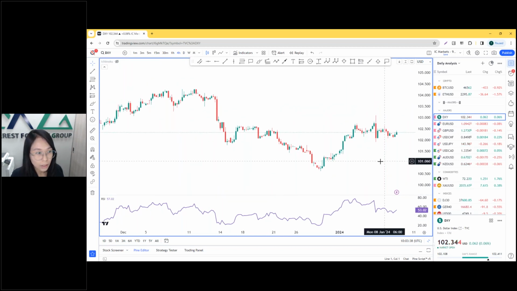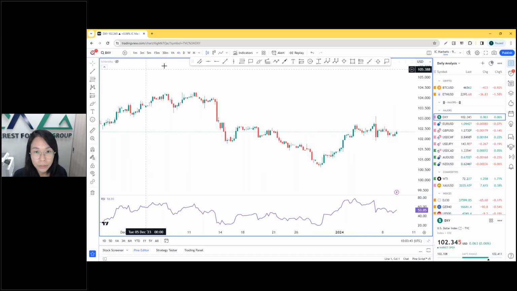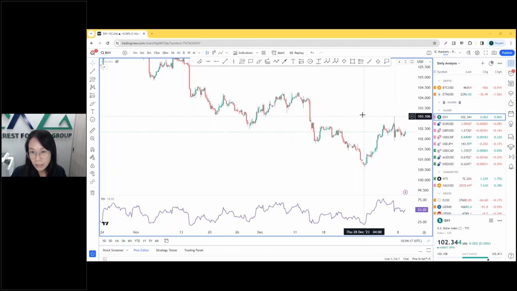So let's take a look at the dollar index. You can see that this is the H4 chart for the dollar index. It's on a downtrend.